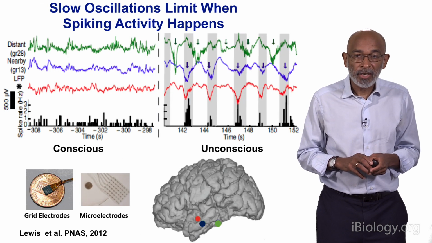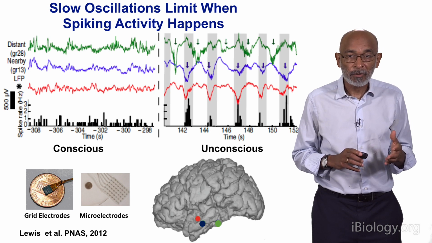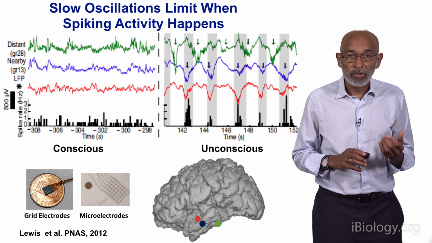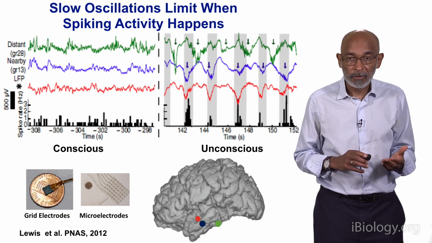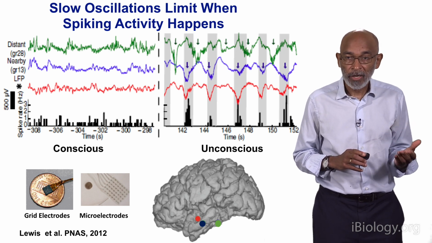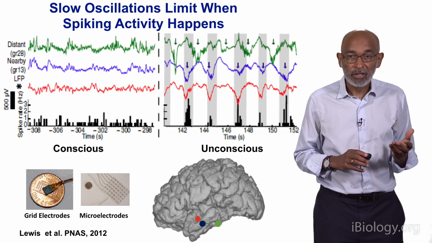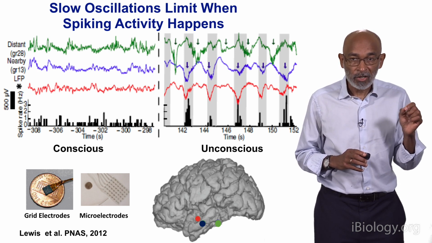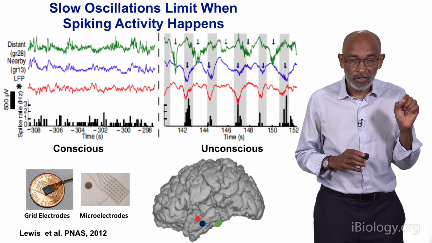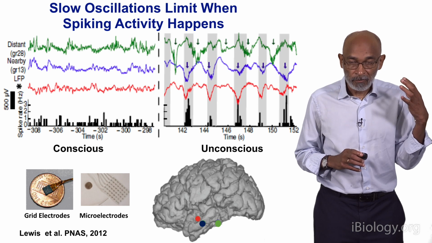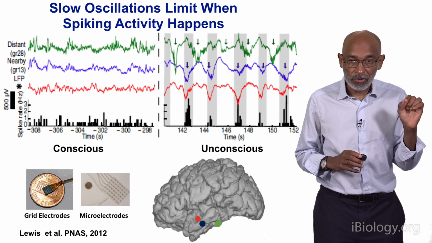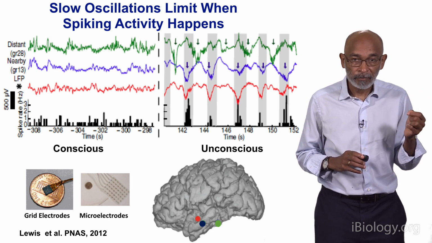Well, we got some insight into what's happening there from an experiment that we did in patients with epilepsy. So patients that have intractable epilepsy, after they failed all medical therapies, they actually come for surgery. The surgeon and the neurologist work very hard to locate the part of the brain that they think is causing the disturbance. And once they feel that they've identified it, they'll conduct a surgery to remove that area of the brain.